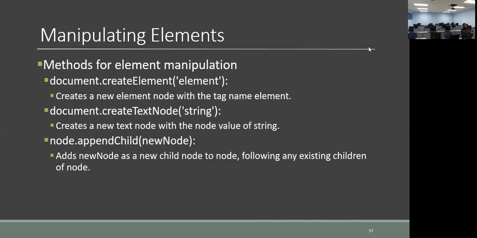So we know how to navigate the document. We also saw how we could get and set attributes. But we haven't talked about how we could actually create things yet. We were basically querying and navigating the document structure. Part of the beauty of the document object model is that we're not limited to just querying and navigating the object structure.